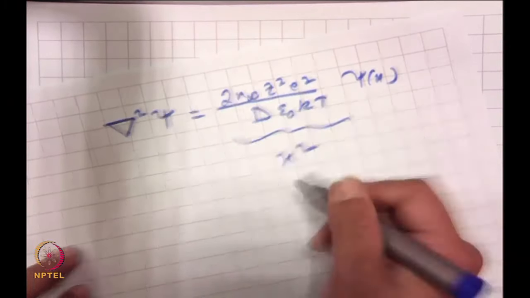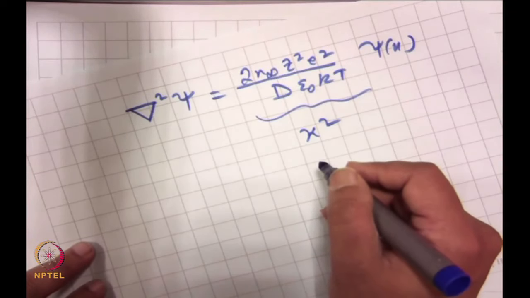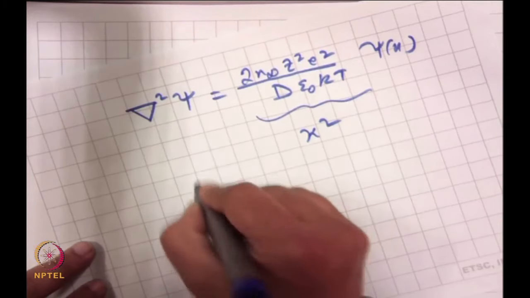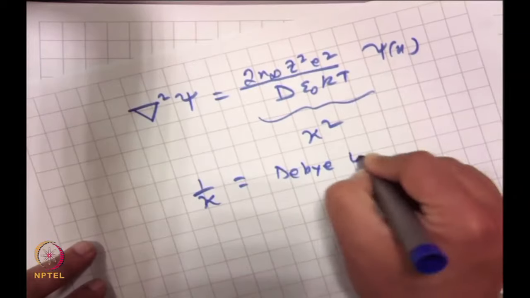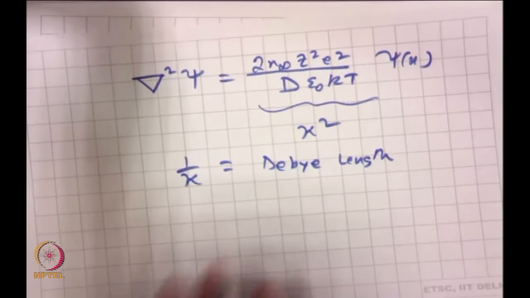This factor is referred to as kappa squared, but the most important concept underlying this is, is it kappa or 1 by kappa? We define 1 by kappa as the Debye length.